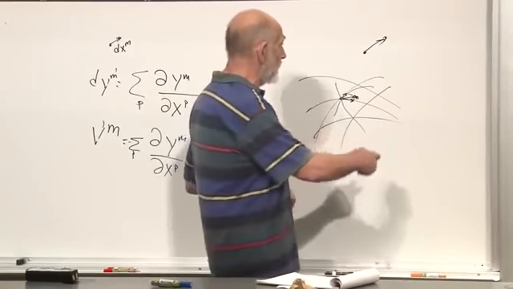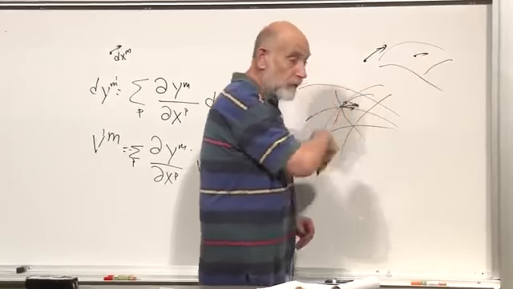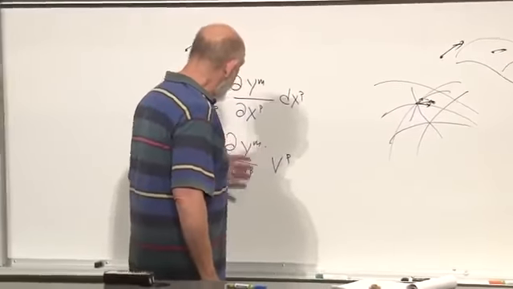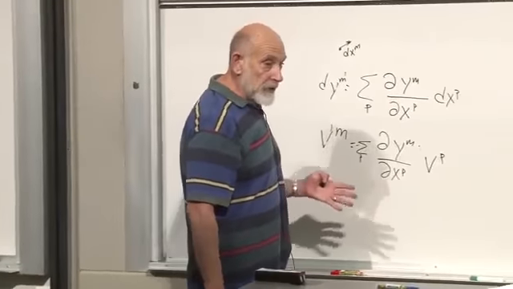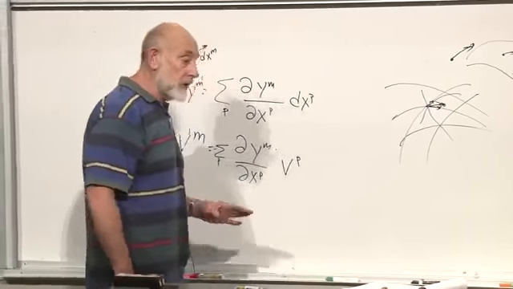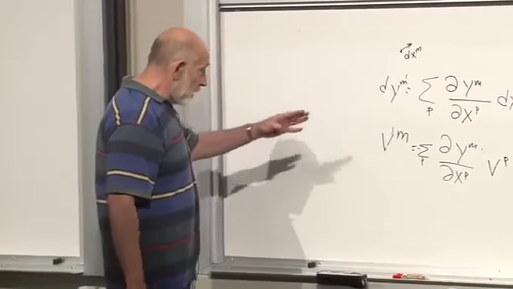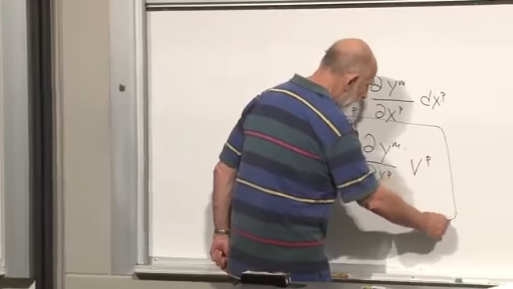Let's suppose this was a surface, and we're talking about the components of velocity along the surface. The components of velocity along the surface would transform in this way. If you knew the velocity components in one set of coordinates, this would tell you what the velocity was in the other set of coordinates. So this is an example of transformation properties.